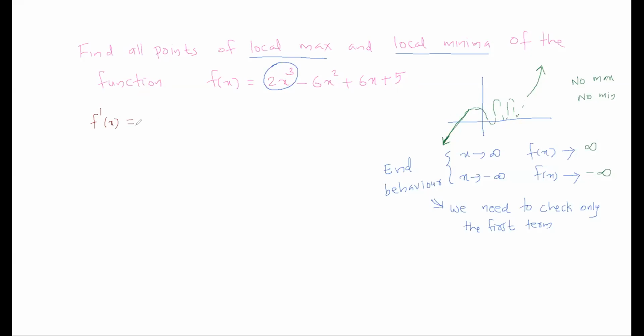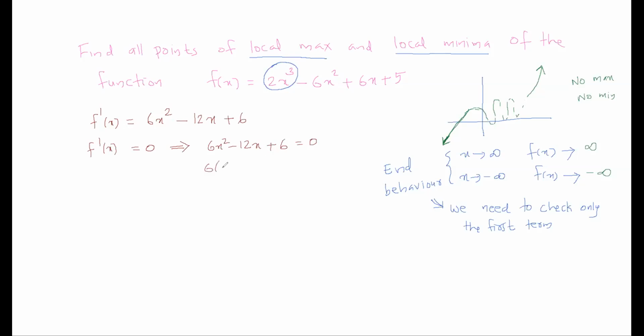f dash x is equal to 6x square minus 12x plus 6, correct? Then we have to find the point where f dash x is equal to 0. So f dash x is equal to 0 implies 6x square minus 12x plus 6 is equal to 0.